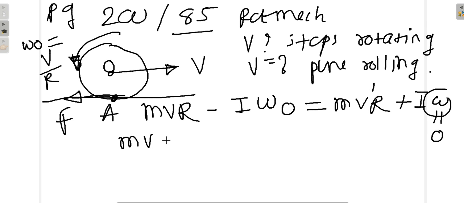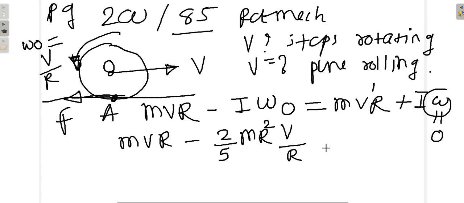I will get mvr minus I omega naught, where I is 2 by 5 mr square and omega naught is given as v upon r. Please note, it is there in the problem. This is equal to m into v dash into r. Cancel m and r throughout.